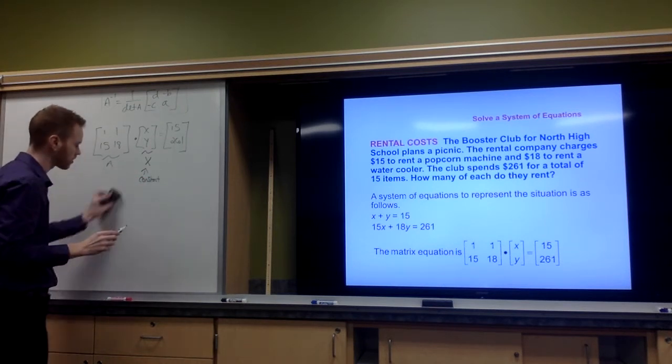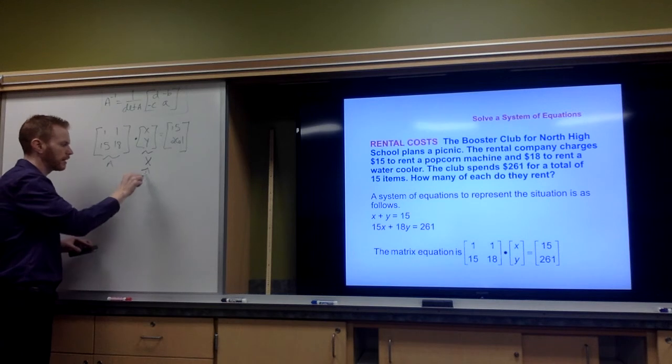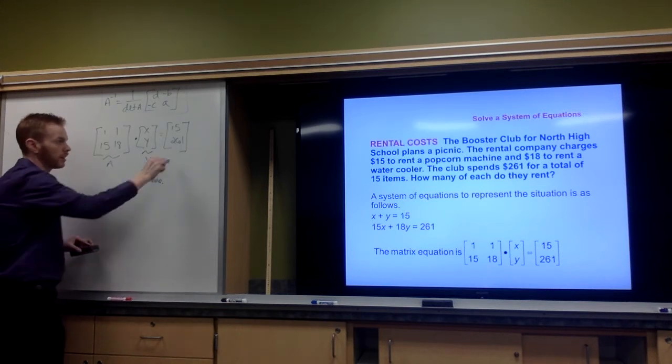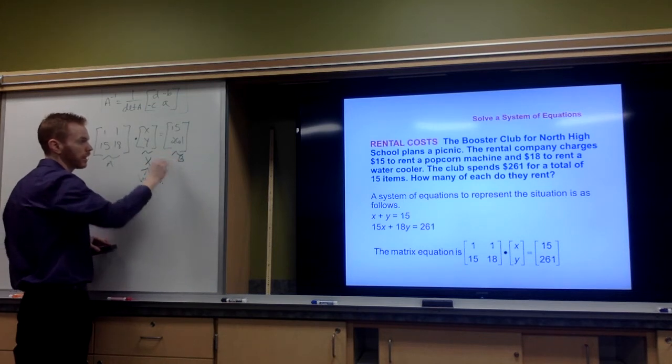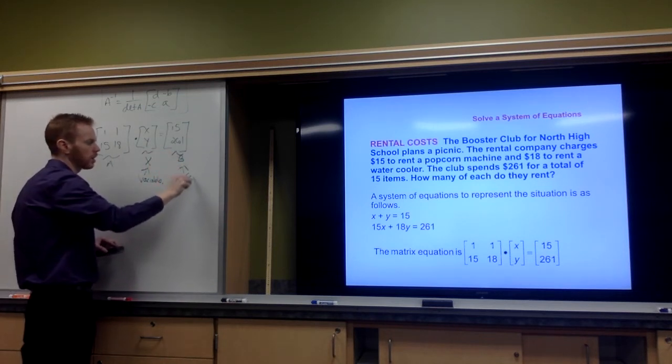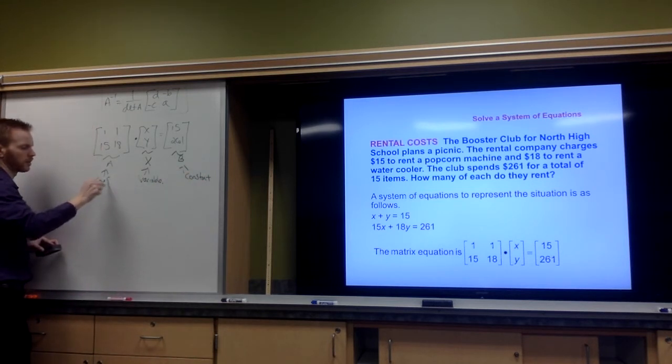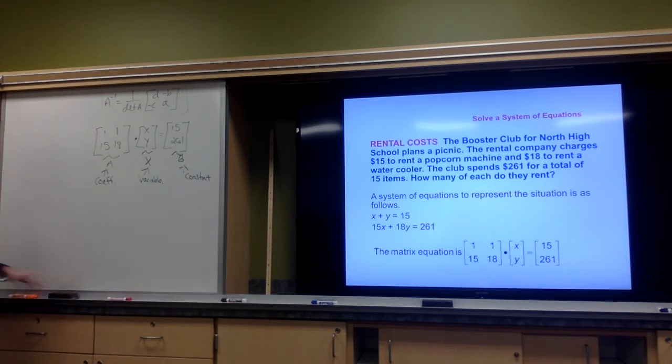Oh, not constant, I'm sorry. My variable matrix, okay, and this guy B, I'll call this matrix B, is my constant matrix. So this is my coefficient matrix, okay?